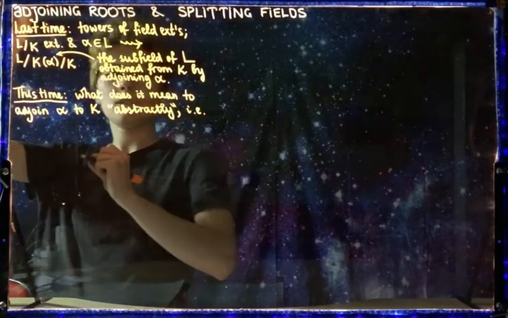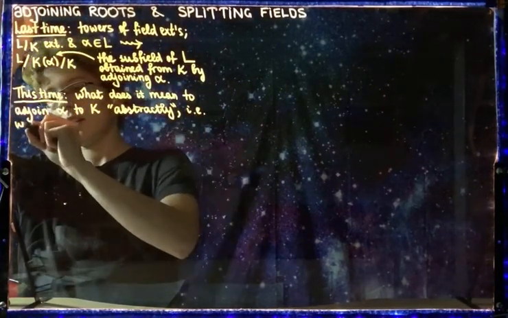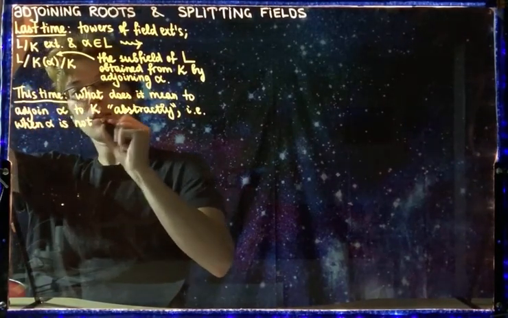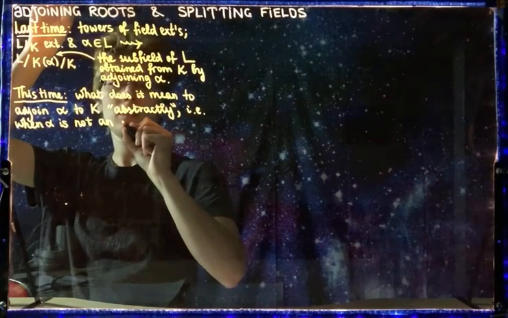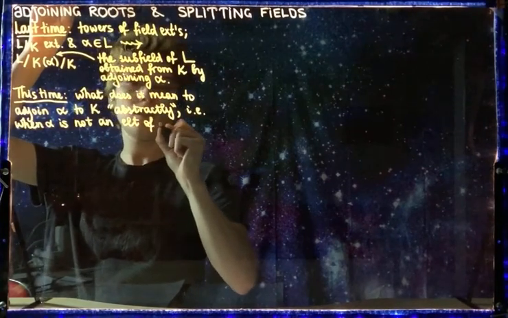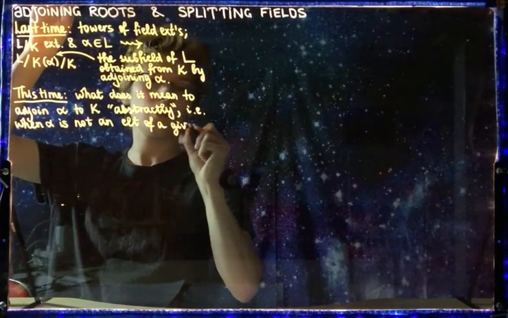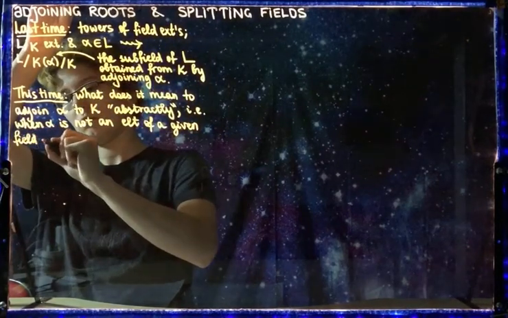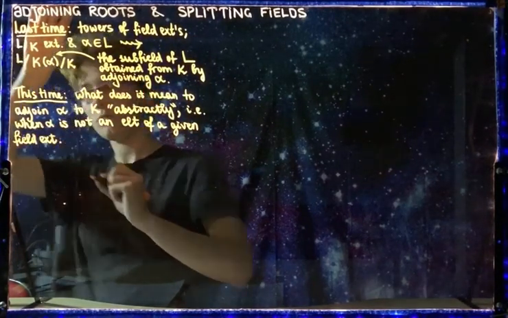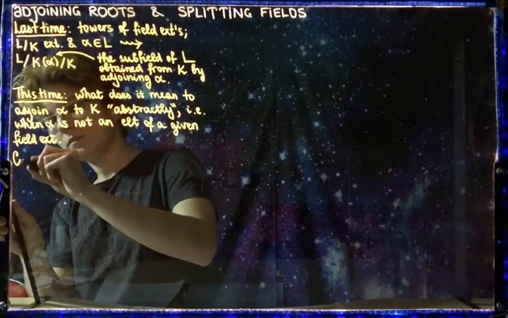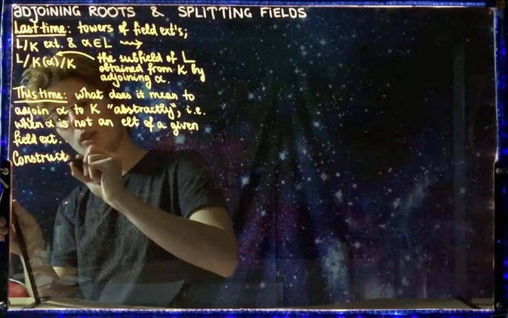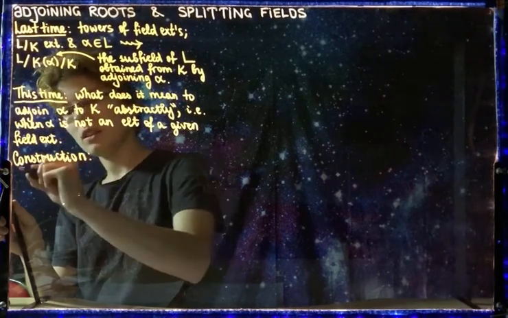That is, when alpha is not an element of a given field extension. And the construction that we will be working with is as follows.